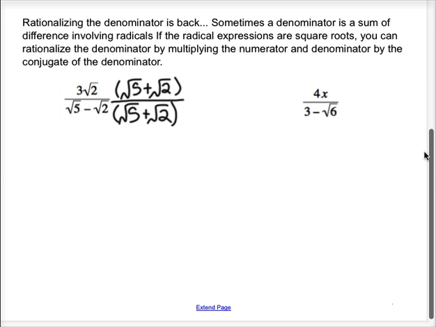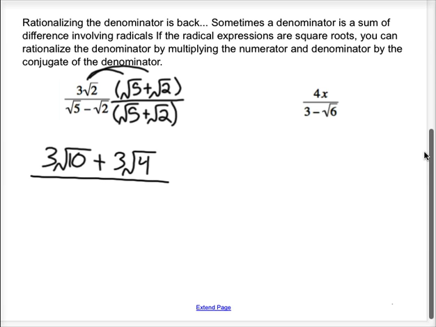Now on the top, that simply distributes through. So 3 square roots of 2 times square root of 5, I can multiply those insides to give me 10. 3 square roots of 2 times square root of 2, again, I can multiply the insides to give me 4. So that was just distributing. On the bottom, however, it's not just distributing that we're going to be doing.